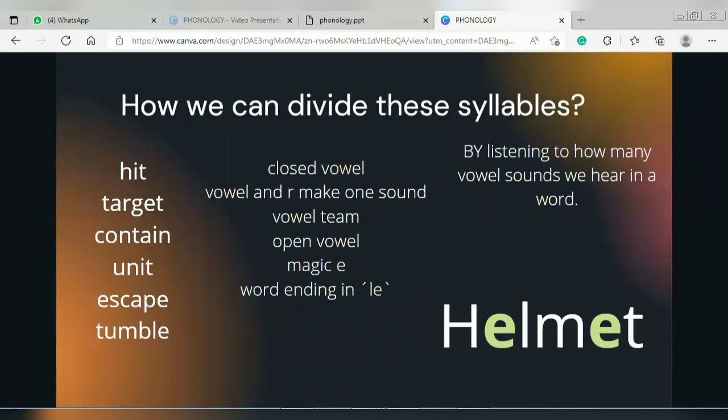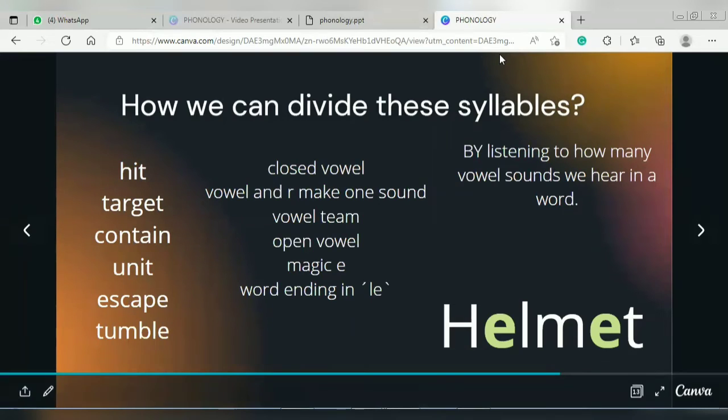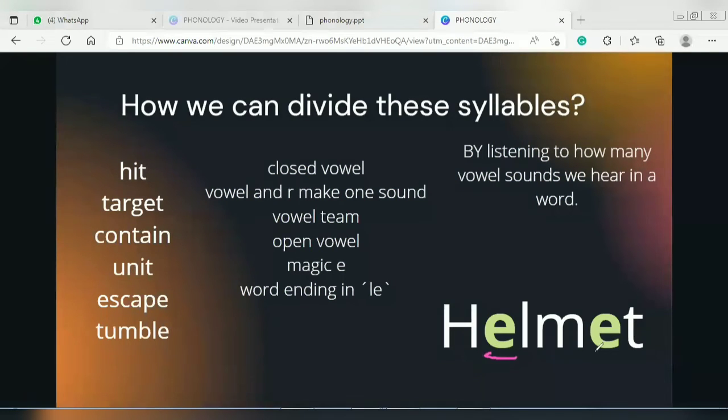So how can we divide this? It's very easy, because we only listen to how many vowel sounds we hear in the word to divide these syllables. We have the word "helmet", and we have two vowels. Two vowels, and we have a consonant and a consonant in the middle.